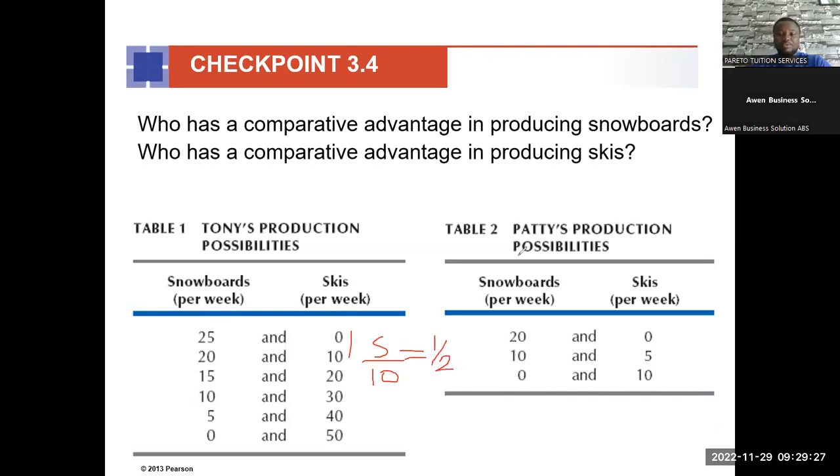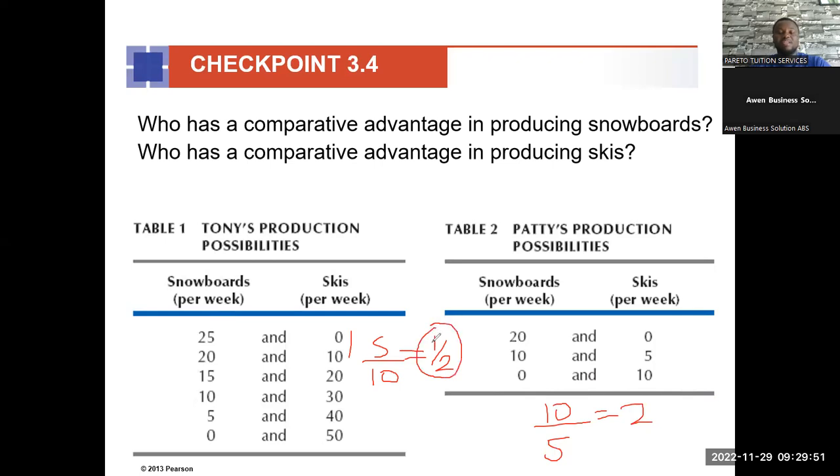Then we come to party. To increase production of skies, snowballs will decrease by 10. So 10 divided by 5, right? So this is going to give us 2. So what do we see here? For the production of skies, Tony rather has the lower opportunity cost.